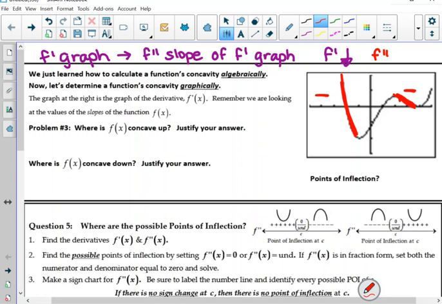So if I were making a number line for this F double prime information, I would look at it and go, looks like I have some negative slope until I get to about here. That lines up with an x of -1.